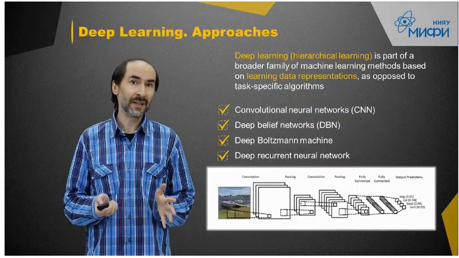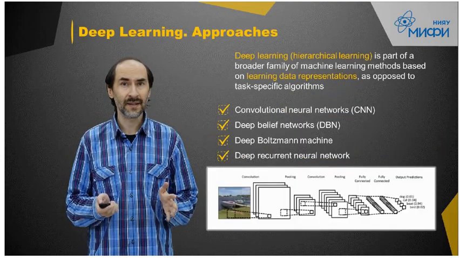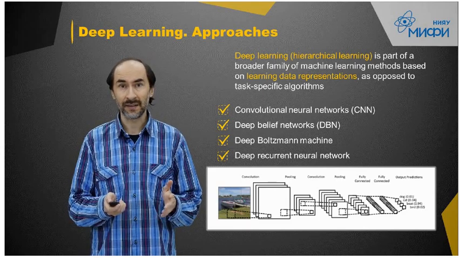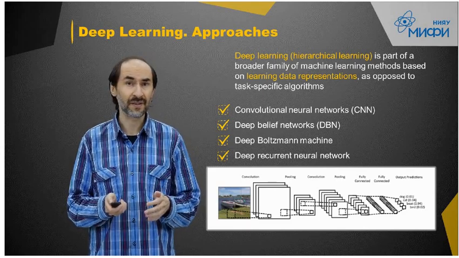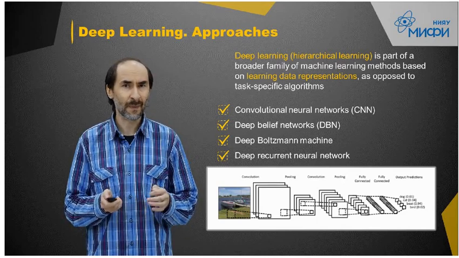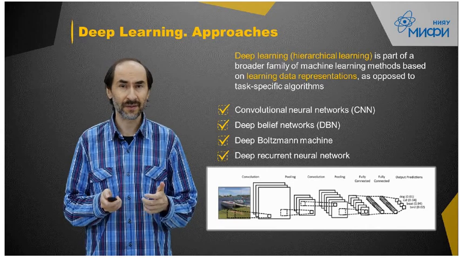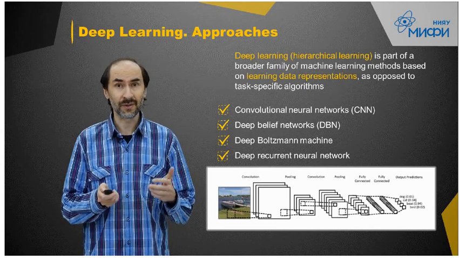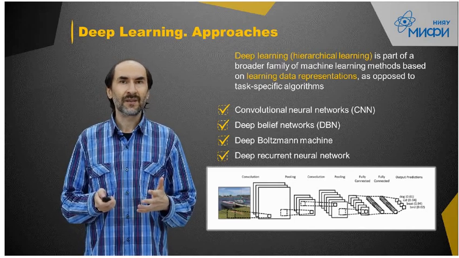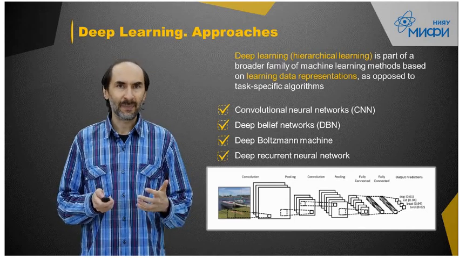And the most prominent paradigm nowadays is deep learning. The models used in deep learning are deep neural networks, such as convolutional neural networks, deep belief networks, deep recurrent neural networks, for example, long short-term memory networks, and others. Deep learning is based on learning data representations.